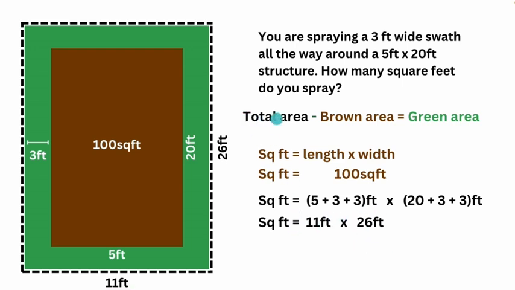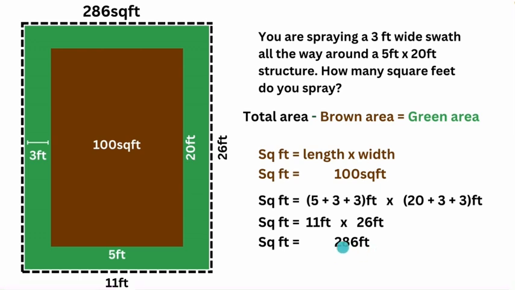Then our total area minus the brown area is what that green section is, the part that just wraps all the way around the building, okay? So just plug it into a calculator. You're allowed to use a calculator. You're allowed to use scratch paper. All you're going to do is length times width, and then subtract the smaller one from the bigger one.